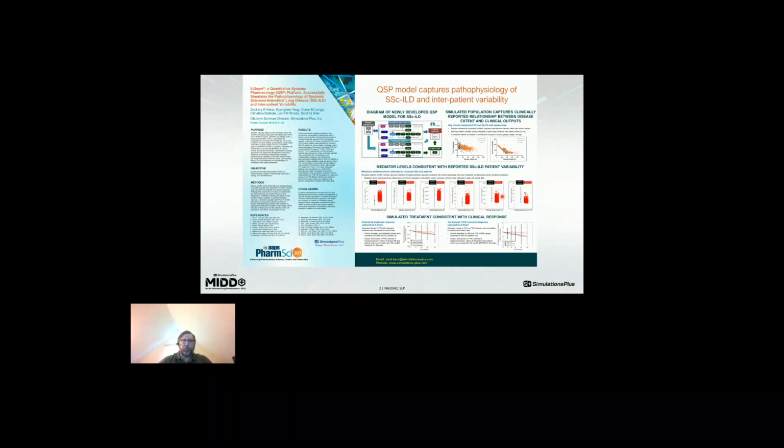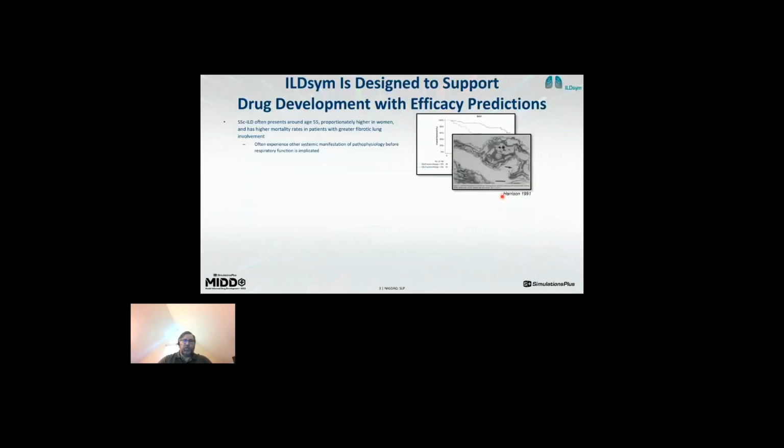To get into the development, when we look at the modeling in terms of a disease area, SSc-ILD in particular, we start with understanding the populations that may be impacted, and the pathophysiology. In this case, we're looking at individuals presenting later in life, around 55.